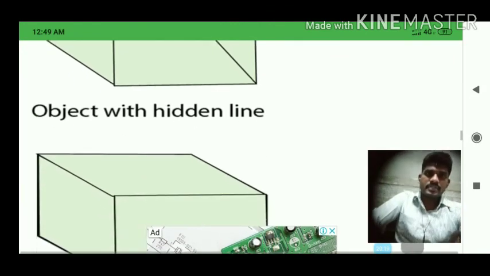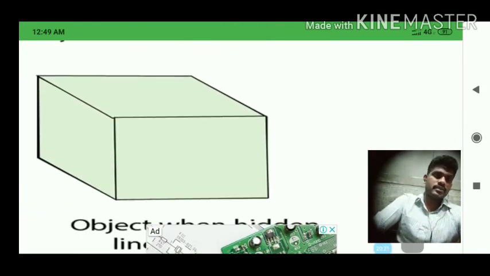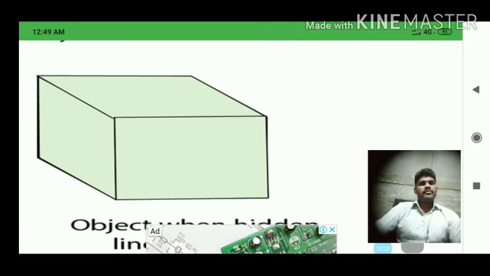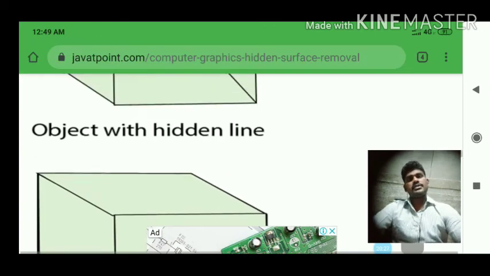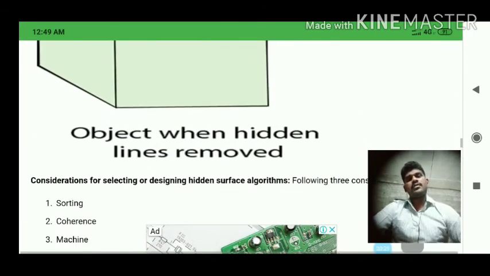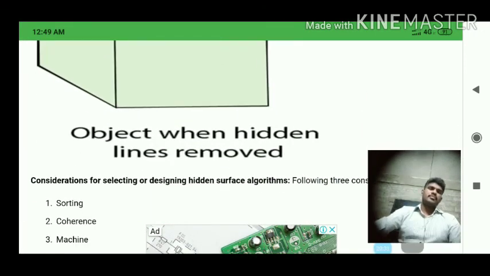The image space method just removes the hidden lines, and only the surface which we are able to see is drawn here. This type of process is called hidden surface removal or visible surface detection.